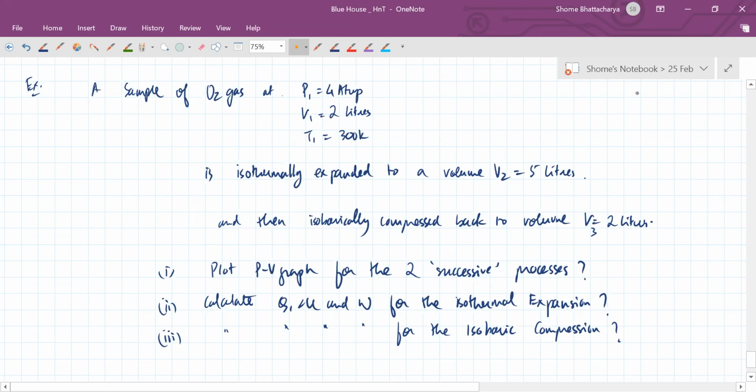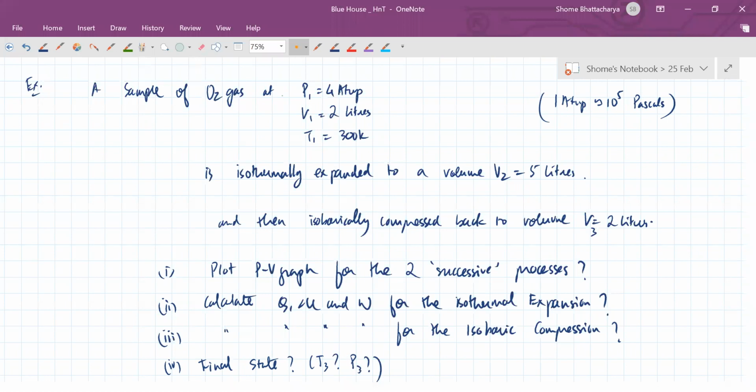Okay. Again, take 1 atmosphere to be 10 raised to 5 pascals. Also find the final state of the gas. The final volume is 2 liters, but what about the pressure and temperature?